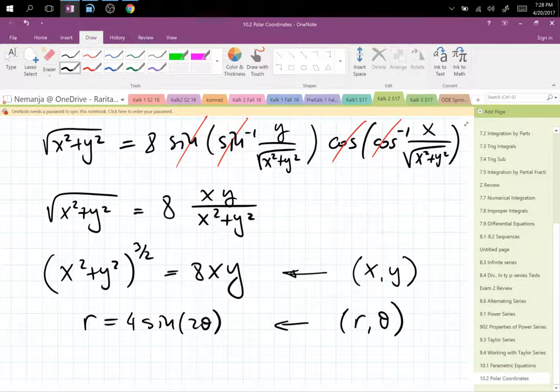And then that happens when? You can do the graph much faster than anything else. So it happens at 5 pi over 6, 7 pi over 6 and 11 pi over 6, right?